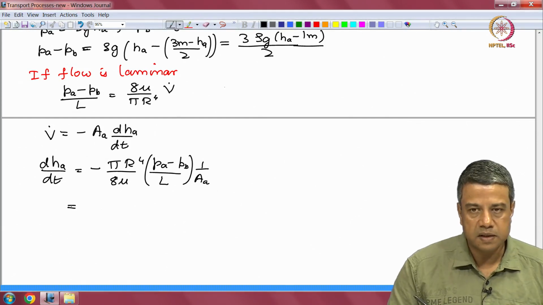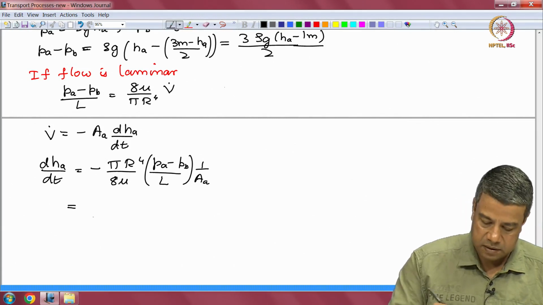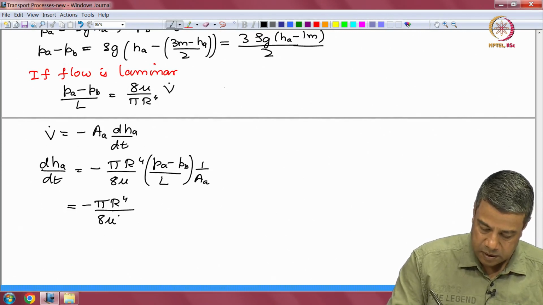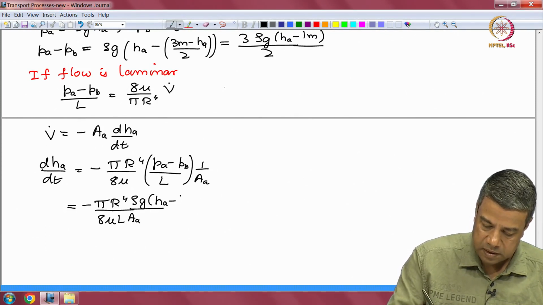And the difference in pressure I can substitute in terms of the heights: minus pi r power 4 by 8 mu L AA, then in the numerator rho g into HA minus HB.